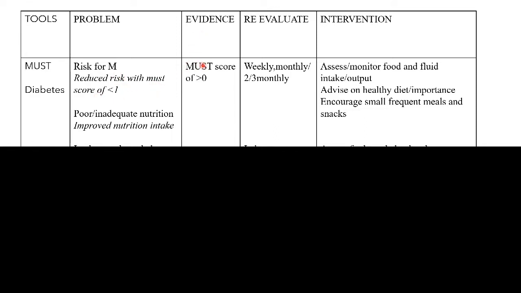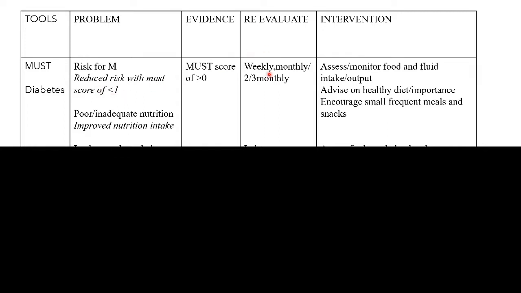The evidence is your MUST score of greater than 0. So it could be 2, it could be 1. Then your goal should be that Mr. X, that is your patient, has reduced risk of malnutrition with a MUST score of less than 1.